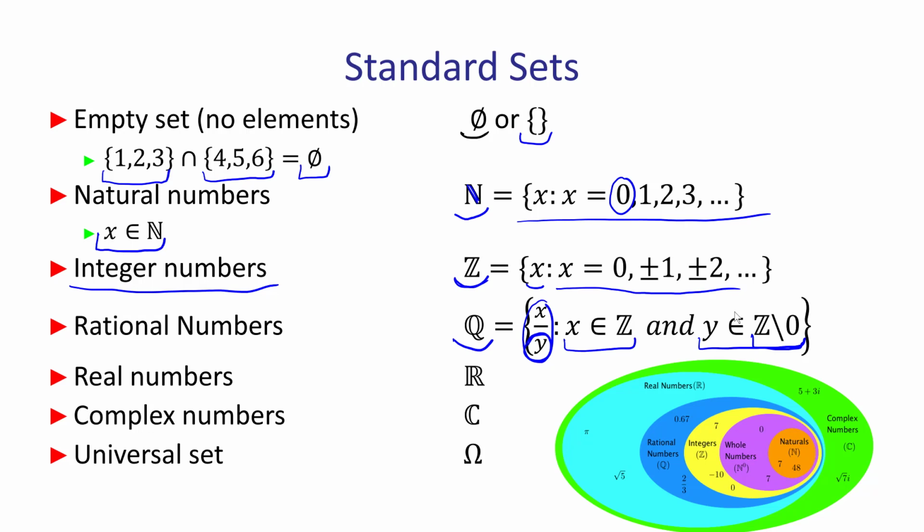More general set of real numbers has R for the real part. This is the symbol that we are using. For complex numbers, we are using symbol C. And there is something which is called universal set, which generally we can use omega for that, or sometimes people are using U for that. Universal set is basically all of the elements we could think about for a specific problem.